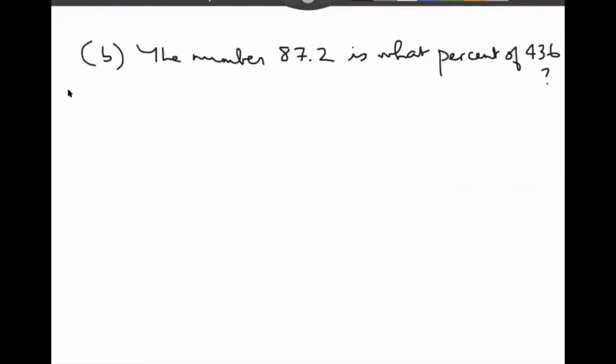Next example, and please, at any time, I encourage you to pause the video and try the problem yourself before I do it, and then come back and compare notes. All right, so the number 87.2 is just 87.2. I think they started the sentence with the words the number because there's some English rule that says you're not supposed to start a sentence with a number unless you write it out, which they didn't want to do.